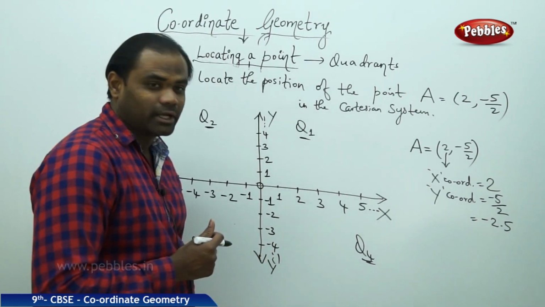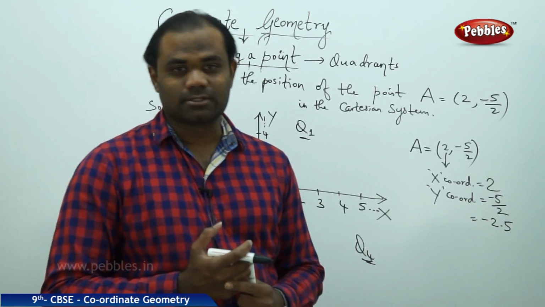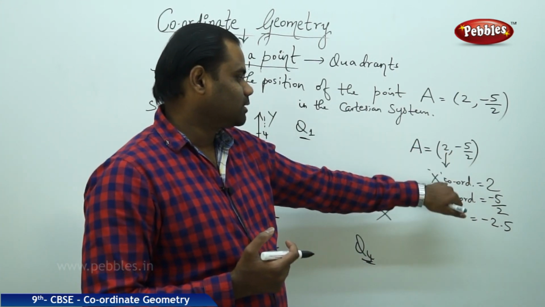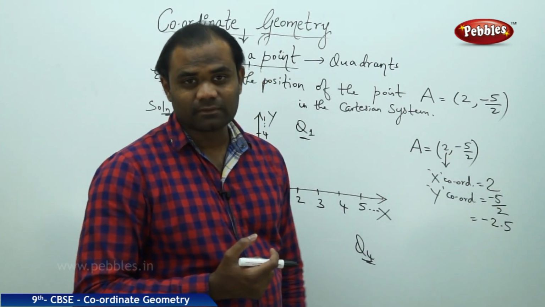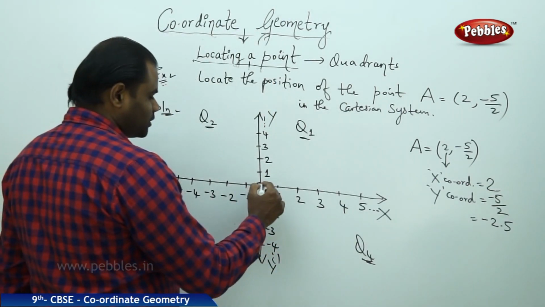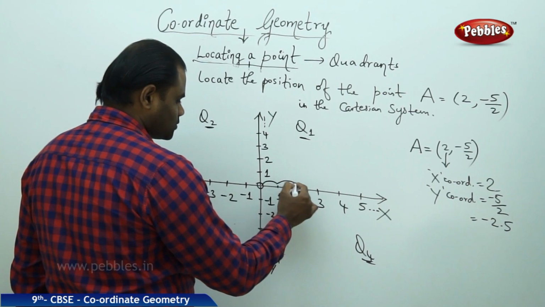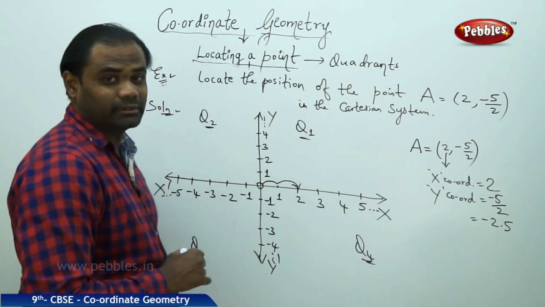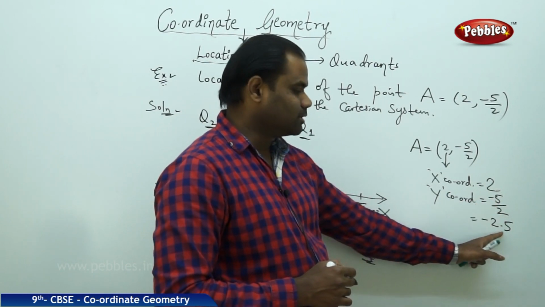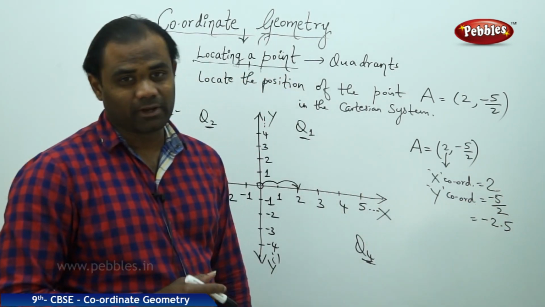Now comes locating this point in the Cartesian system. As I see here, the x coordinate is positive, and this is 2 units, which means the origin moves 2 units to the right initially, and then it moves along the y coordinate with a distance of negative 2.5 units.